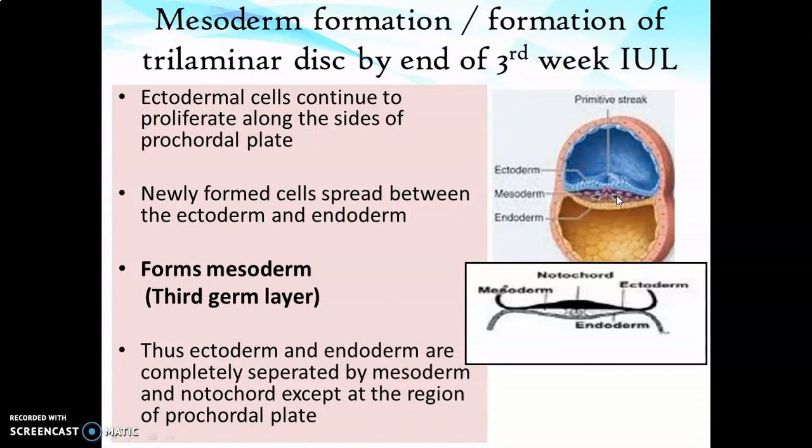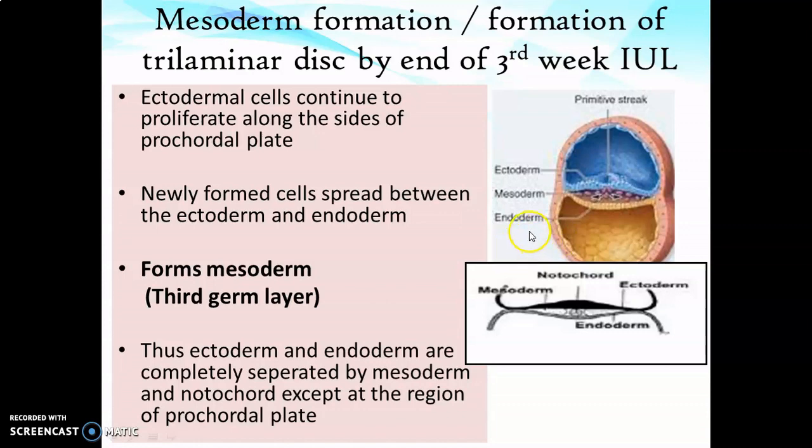So now if you see the structure of the embryo, it is a trilaminar disc or three-layered embryo with ectoderm above, endoderm below and mesoderm in between, and there is notochord in the center or along the midline.